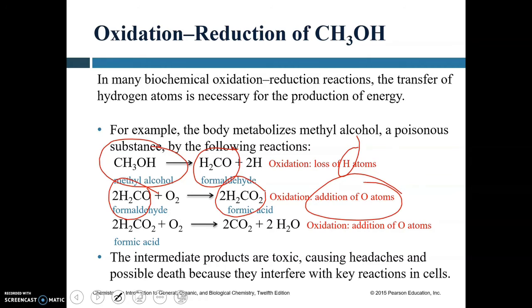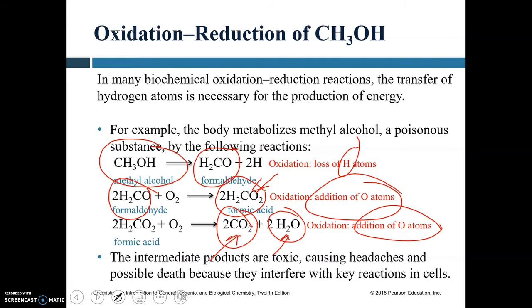And when formic acid is oxidized to CO2 and water, it is oxidized by addition of oxygen atoms. I want to make it very clear: in each of these reactions, there is a transfer of electrons. Methyl alcohol, when oxidized to become formaldehyde, loses electrons. Formaldehyde, when oxidized to form formic acid, loses electrons. Formic acid loses electrons when it is oxidized to CO2 and water.